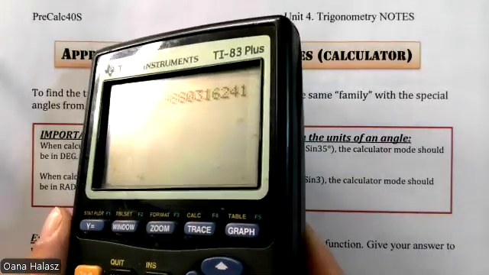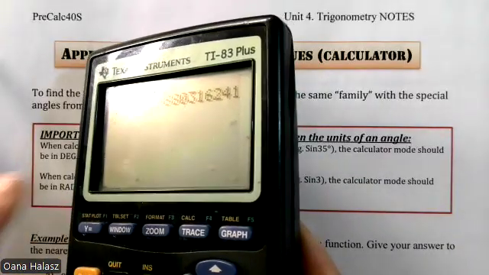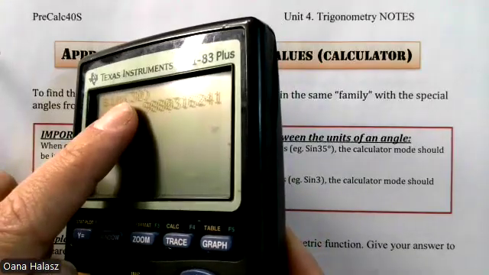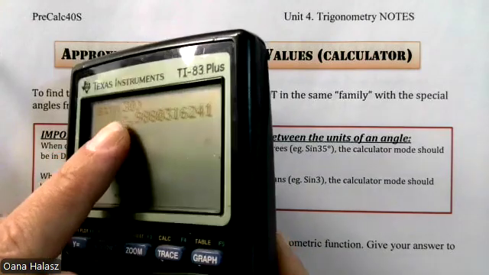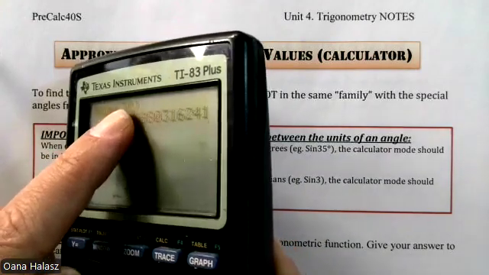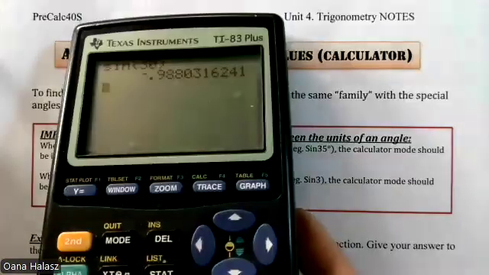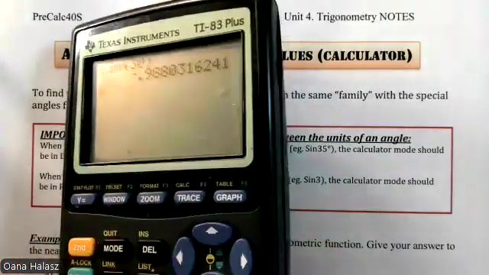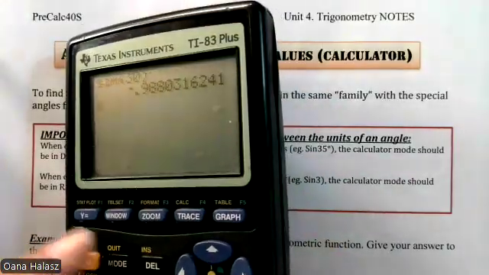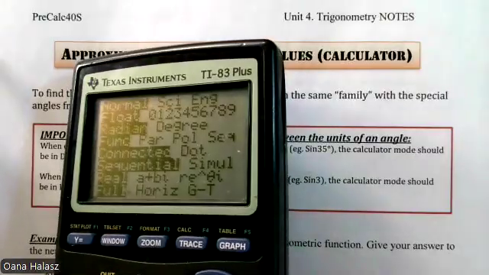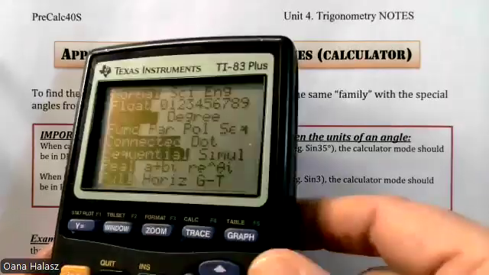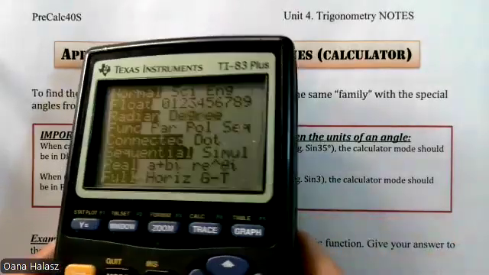If it doesn't give me that, that means this 30 is not in degrees in this setting, right? So I have to make sure that my calculator is in the right setting if I want this 30 to be degrees. Now in this calculator, the settings are in mode, and you just switch between radian and degree. So I need degree, I go there and press enter.